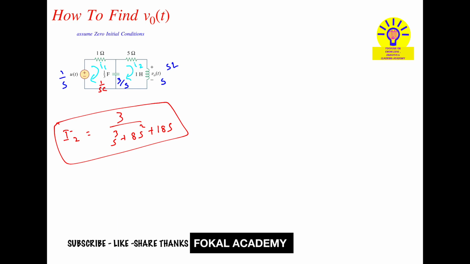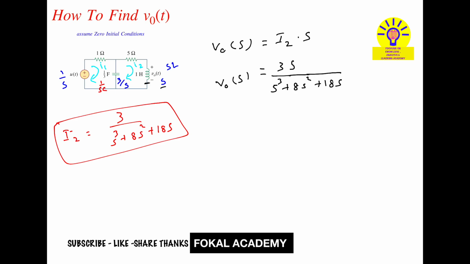So V0 of s will be I2 into the impedance of the inductor, that is s. So I2 is 3 by s cube plus 8s square plus 18s, into s. This is V0 of s in the frequency domain.